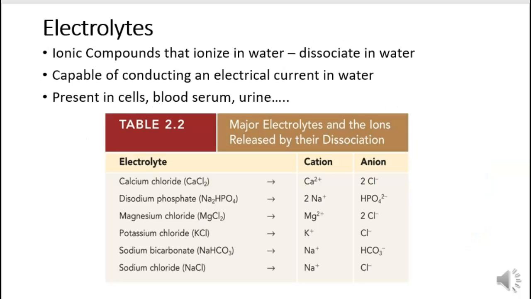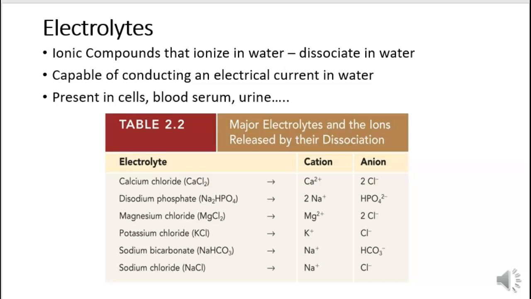and some other ionic compounds in our bodies are referred to as electrolytes. These electrolytes are capable of conducting an electrical current in water because they dissociate. They're present in our blood, urine, and the cytoplasm of our cells, in many different locations.